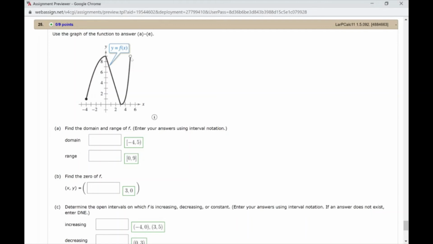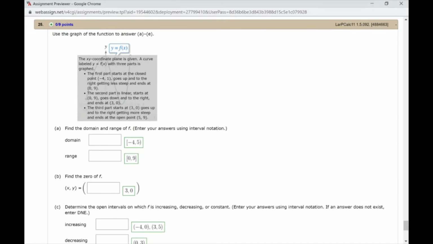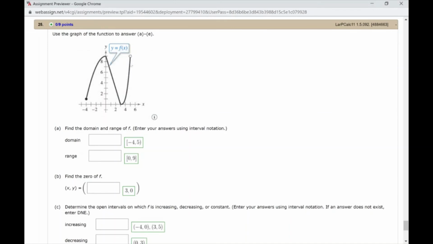What's the rightmost point? If you drew a straight vertical line, what x value does it correspond to? 5. However, what's the issue here?